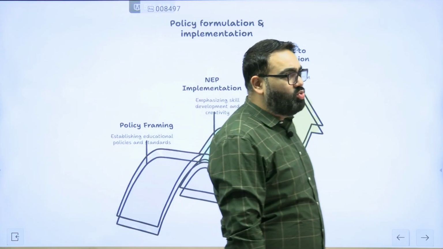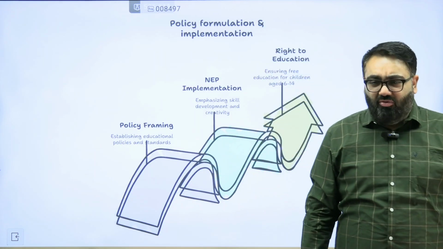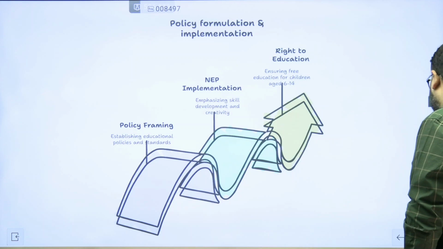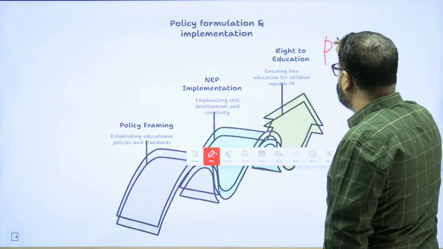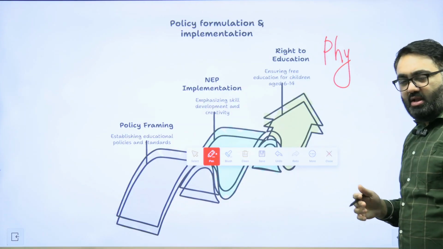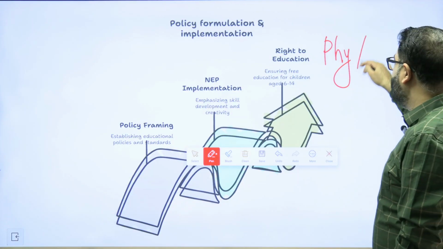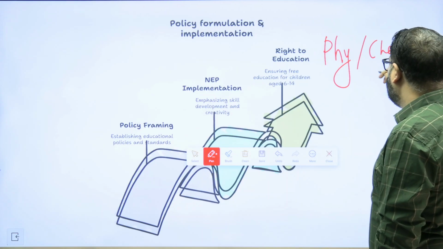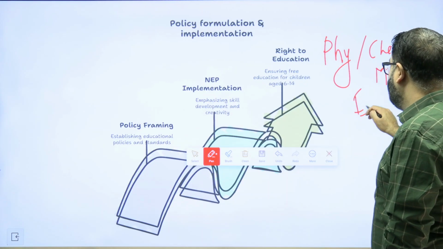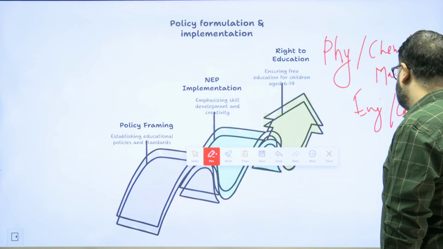When we were in school, and let's say I wanted to study physics, take a very random example here. The only option I had, I'm talking about class 11, 12, was that, okay, then study physics, chemistry and maths together, and then have English and maybe one other subject, let's say computer.